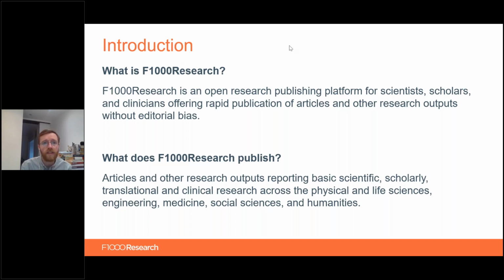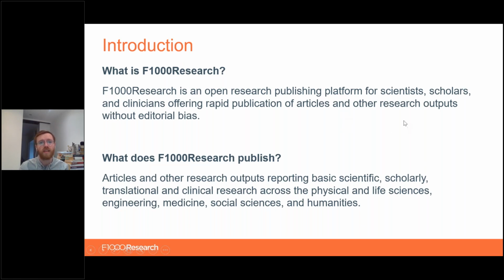Before we start off then, a bit of an introduction as to what F1000 Research is. As you can see here, F1000 Research is an open research publishing platform for scientists, researchers and clinicians. We offer rapid publication of articles and other types of research outputs, which I'll go on to explain a bit about later, without editorial bias.